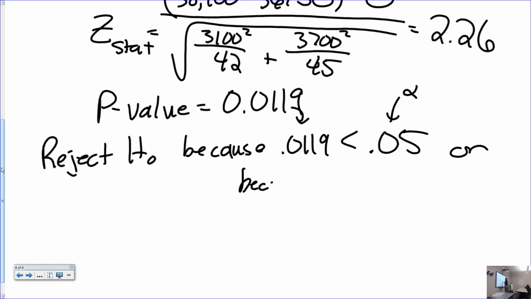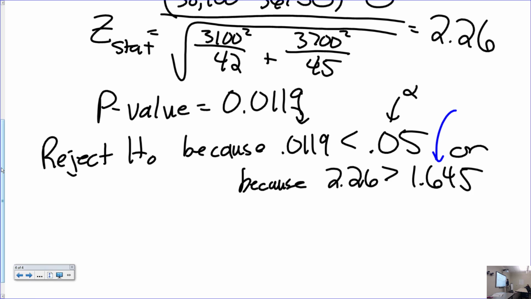Or because 2.26 is greater than 1.645. This, of course, will be z-critical. Normally, folks, though, in general, when you're working with the z statistic, you should play around with the p-value.